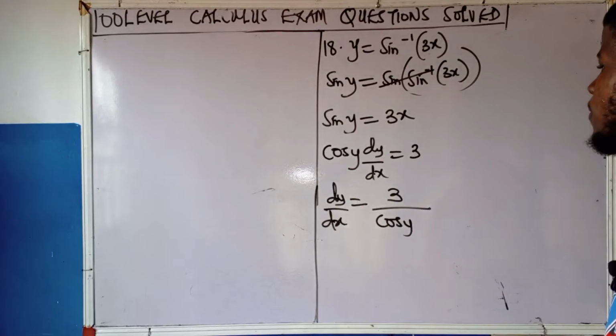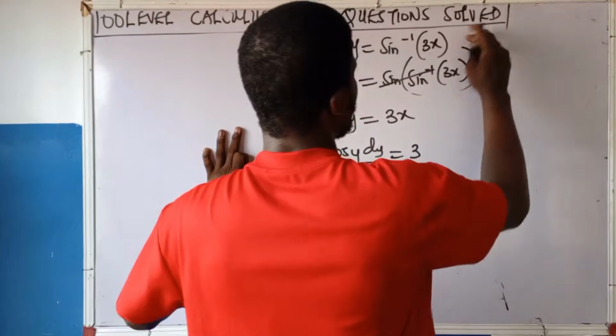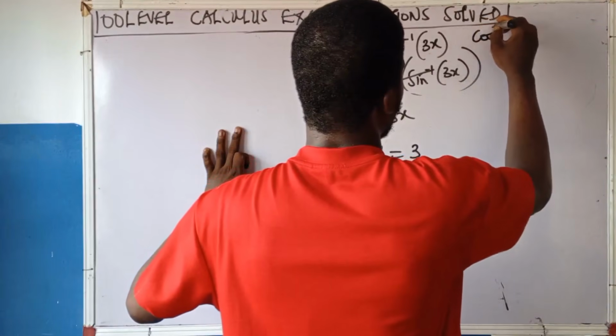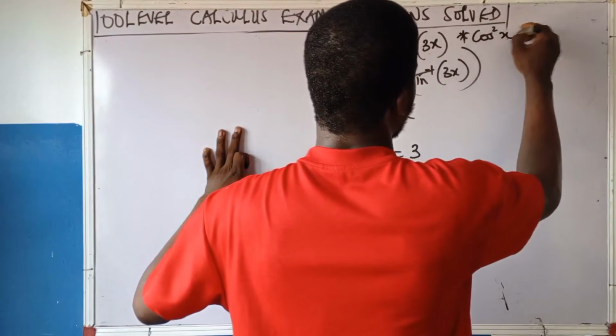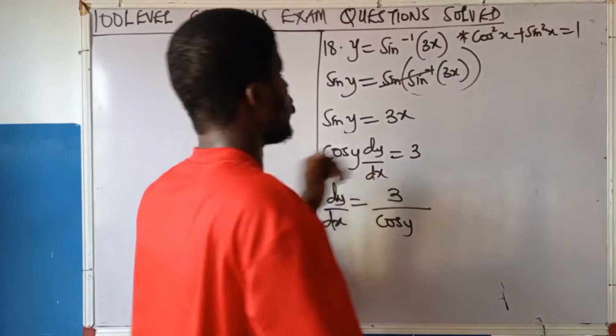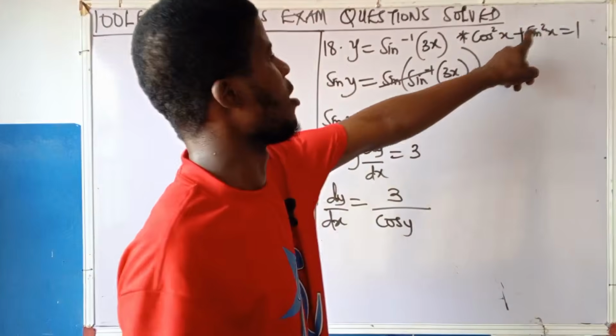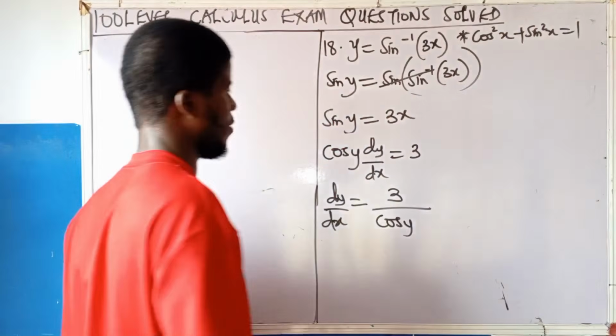Now see something. Trigonometry says that, listen up, cos squared x plus sine squared x equals 1. It could be cos squared y plus sine squared y equal to 1. Any letter can be here, x, y, z, p, q, r, or whatever.